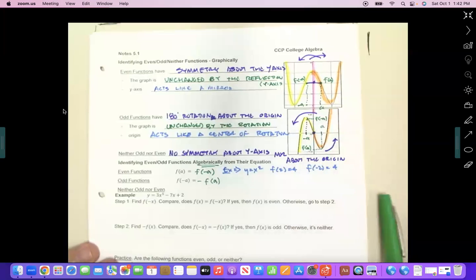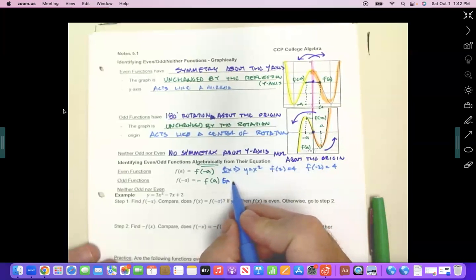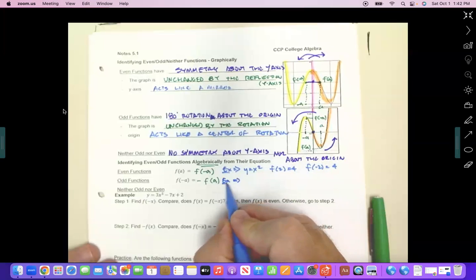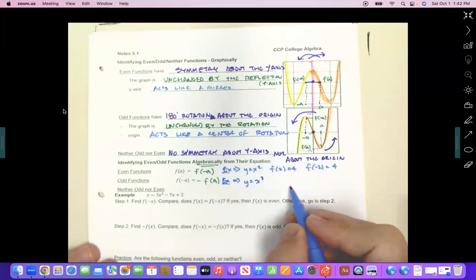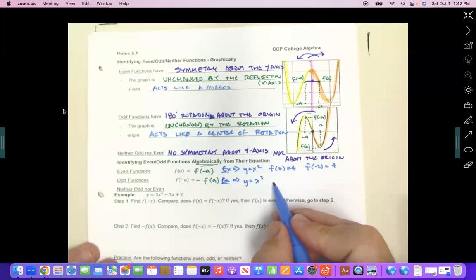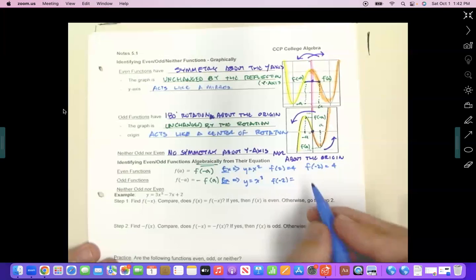Let's take a look at another example. And this example will be of an odd function. Our easiest odd function to think of is x cubed. So let's enter in, say, f of negative 2. If we substitute in negative 2, we will get negative 8.